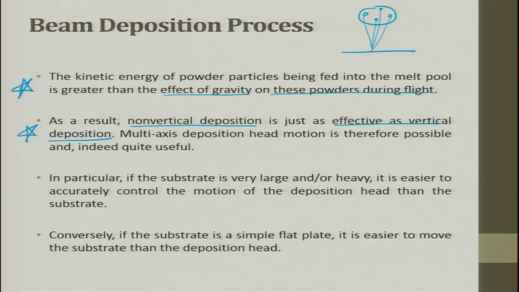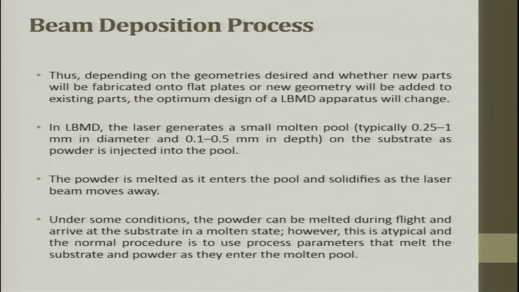Conversely, if the substrate is a simple flat plate, it is easier to move the substrate than the deposition head. Thus, depending on the geometry desired and whether new parts will be fabricated onto the flat plate or new geometries will be added to the existing part, the optimum design of the LBMD apparatus will change. Design of the machine will change.